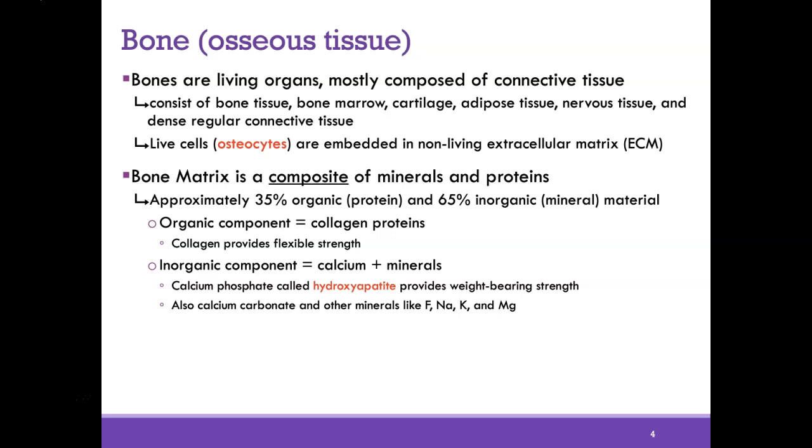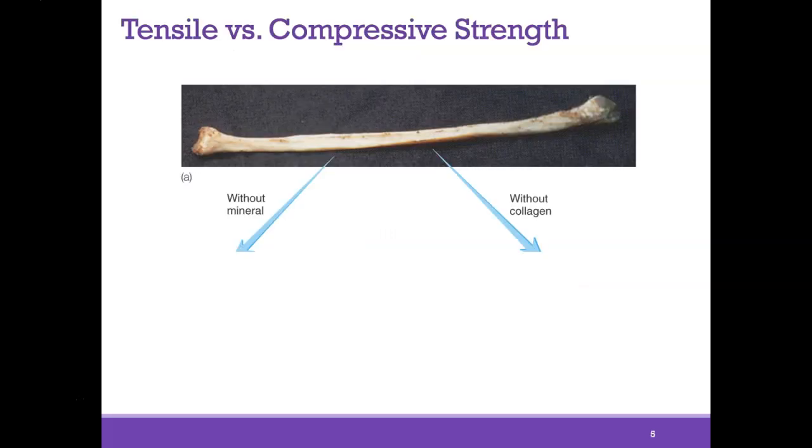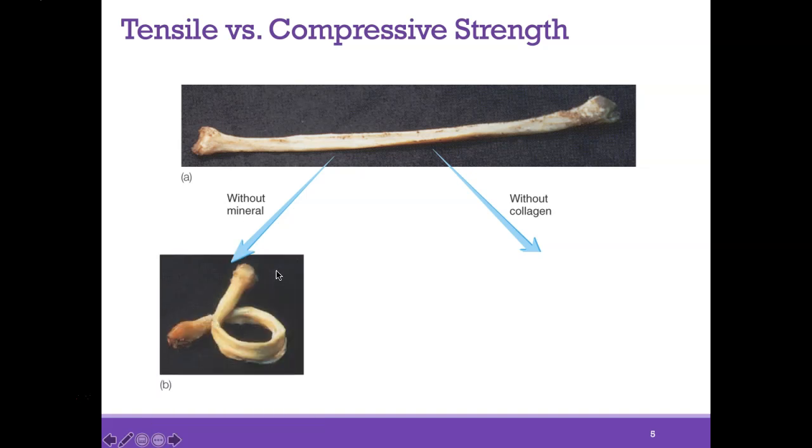So far we said bone tissue has connective tissues plus cells. And there's importance to both the inorganic and the organic components of bone matrix. So what do you think would happen if we didn't have any of those hard minerals? Then bone would be pretty flexible. It wouldn't have a lot of the strength required for bone. And you can actually do this.